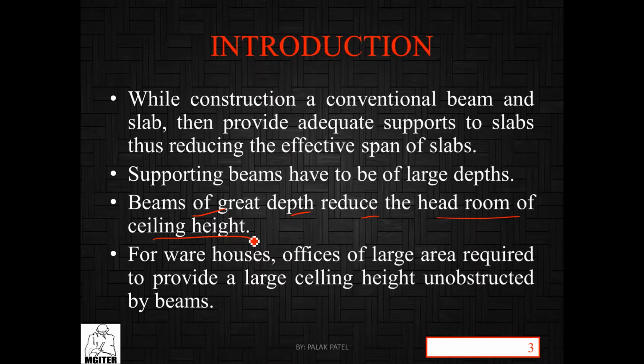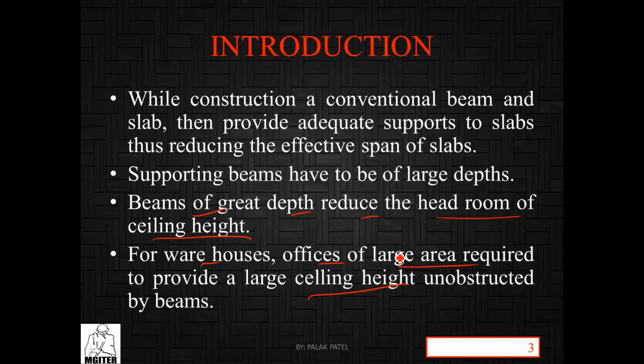In some places like warehouses, offices, or larger areas, a larger ceiling height is required, and the number of columns should be minimum. The distance between two columns is maximum, because in warehouses we cannot provide columns at regular intervals.